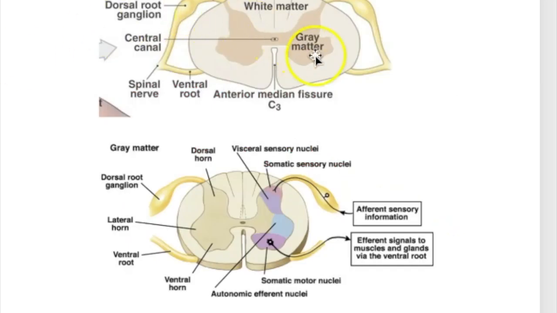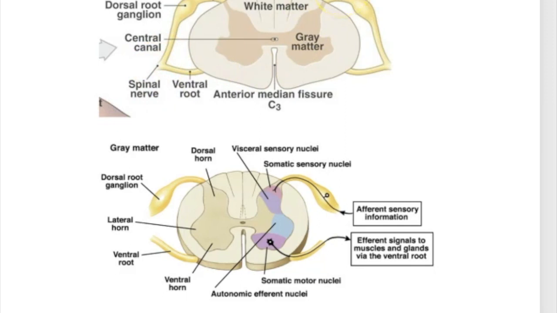When we look at the spinal cord in cross-section, these are the horns. Dorsal horn, ventral horn. Dorsal horn, ventral horn. What's coming out of the spinal cord, these are dorsal root, ventral root, and they're going to combine into a spinal nerve.